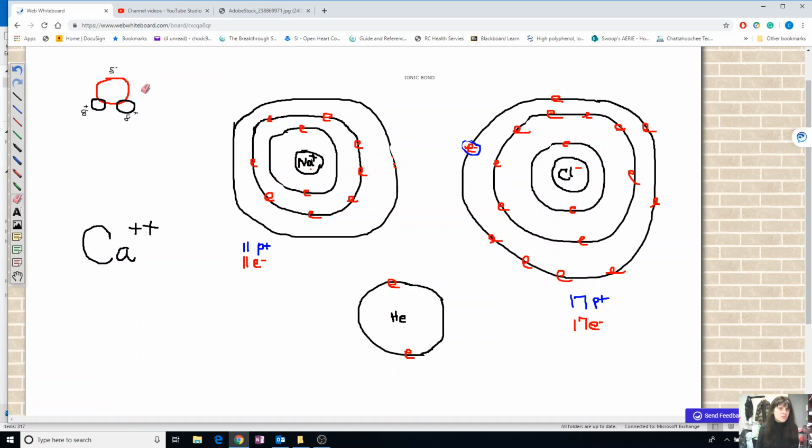The partial charges of water molecules will actually tug on the ionic bond, separating these atoms from one another, because the negatively charged oxygen ends of water will surround the positive sodium, and the partially positive charged hydrogen ends will surround the chlorine. And that's how salt dissociates.